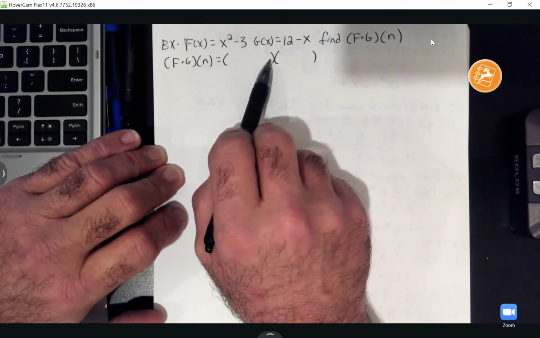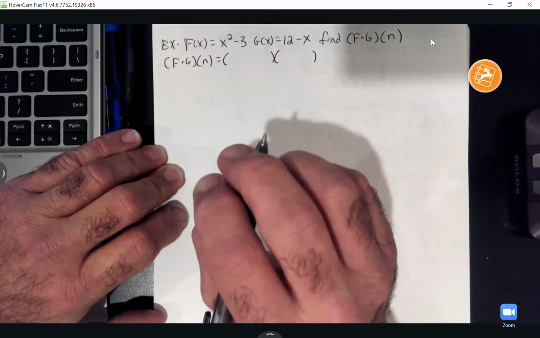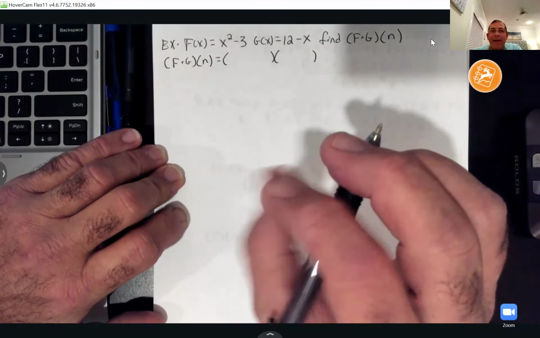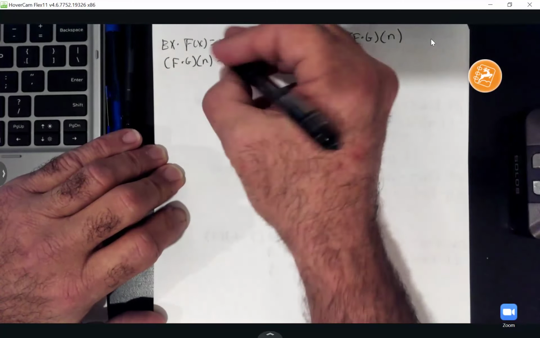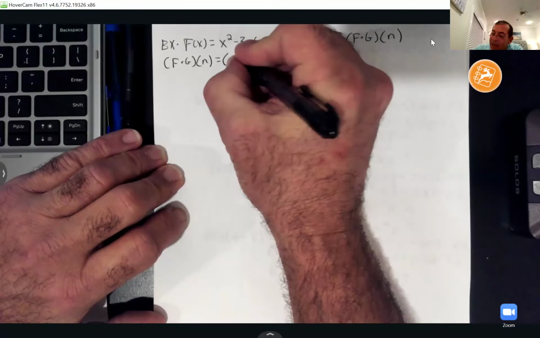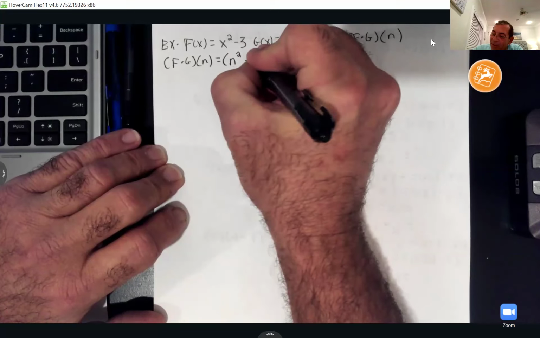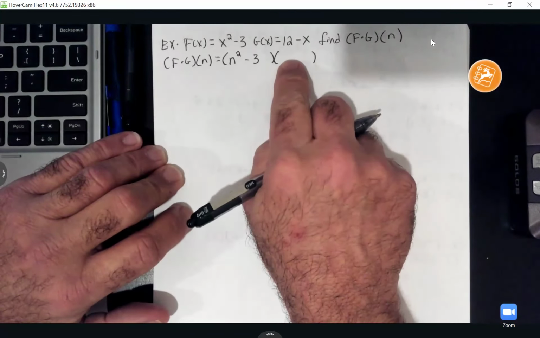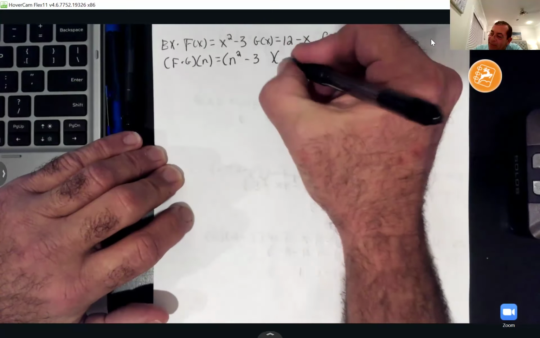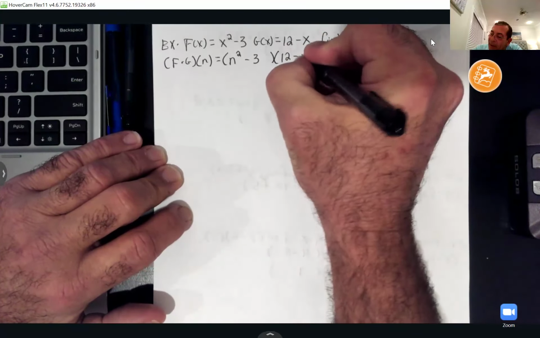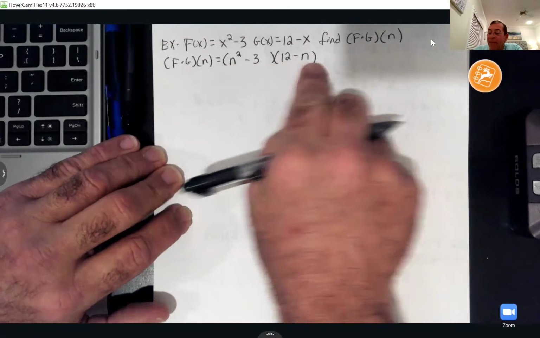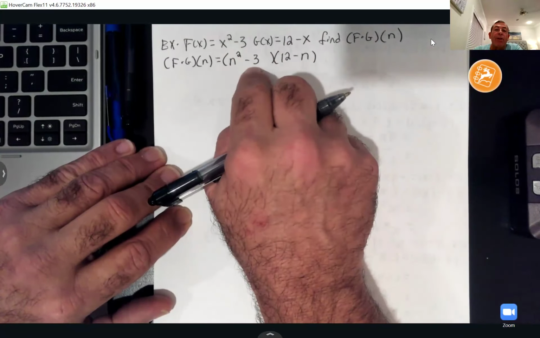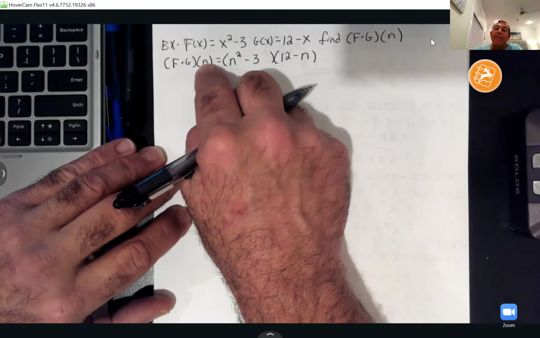Would it be the n? An n, so you're going to do an n squared minus 3. Good job. Which means this will be 12 minus n. Now look, you still got variables in here, but it ain't an x variable they want you to put in here. It's an n variable, okay?